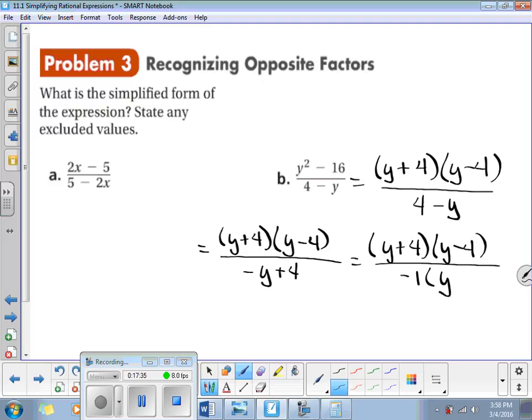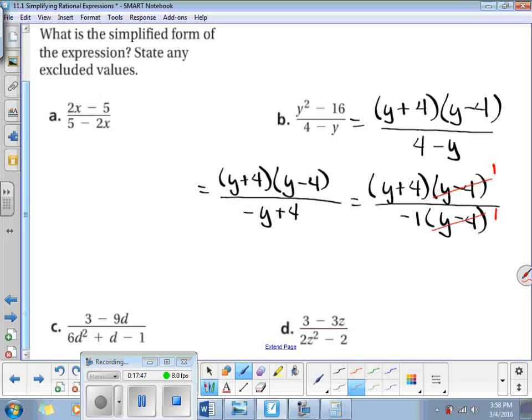So minus 4. So now I have something I can cancel. Does everybody see that? So we can cancel those to 1s. And we're left with y plus 4 over negative 1.